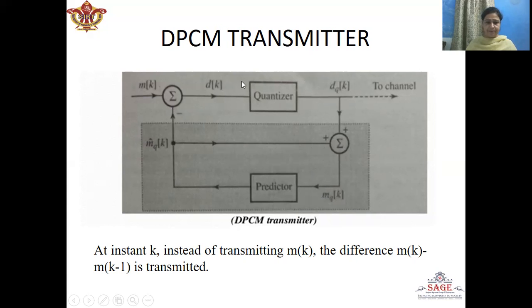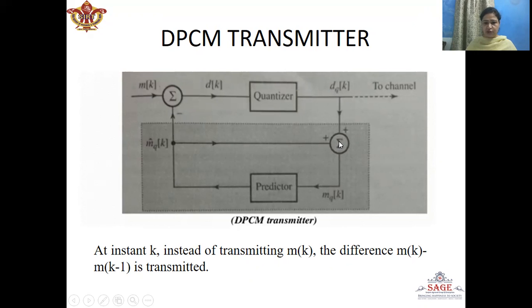Now, in this block diagram, we can say that when at instant k, the present sampled value mk arrives, we calculate the difference between the present sample value and the predicted value, which is predicted from the previous sample. The difference between these two samples, dk, is quantized to the nearest value, which is known as dqk.